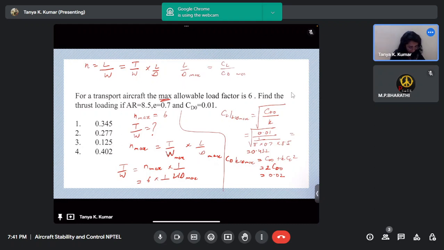So you have L by D, that is 0.432 by 0.02. So what is this value? Just calculate and let me know.